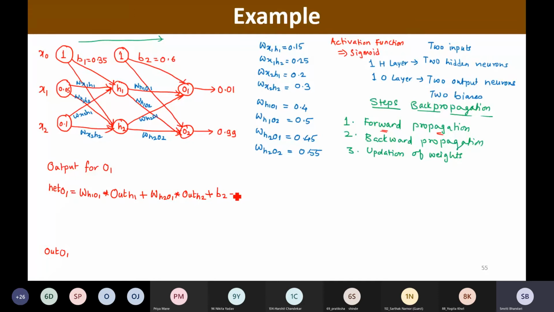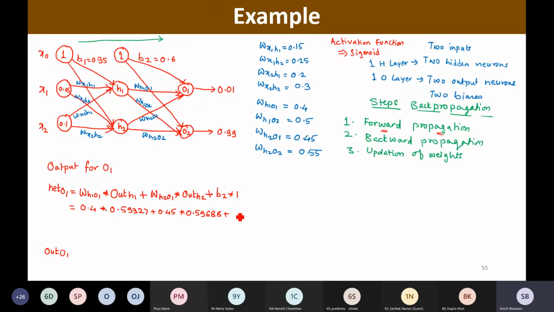Okay, so this is 0.4 into 0.59327, that we have computed, plus WH2O1 is 0.45 into out H2 that we have computed in the earlier slide, so that is 0.59688.